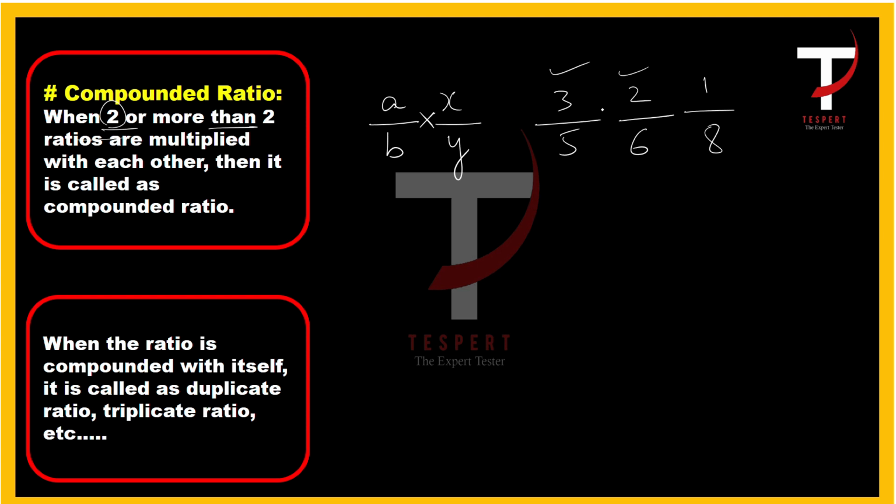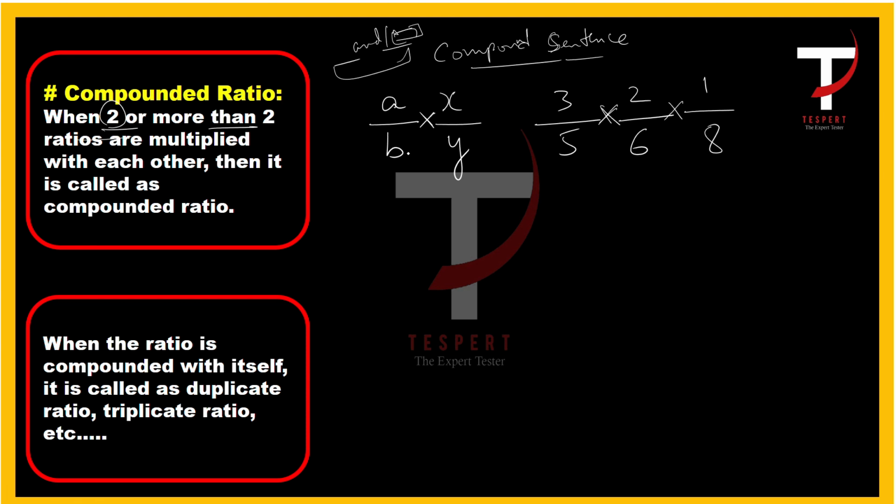When we multiply these three or these two, this will be a compounded ratio. In English, what is meant by a compound sentence? Any sentence where two or more sentences are joined, linked with 'and' or any other conjunction.